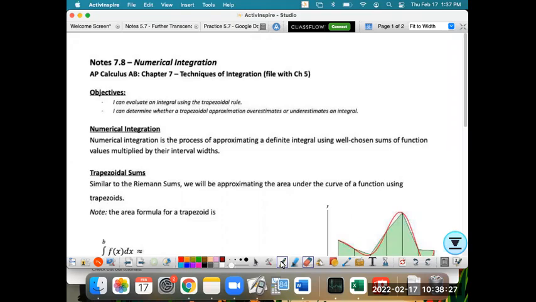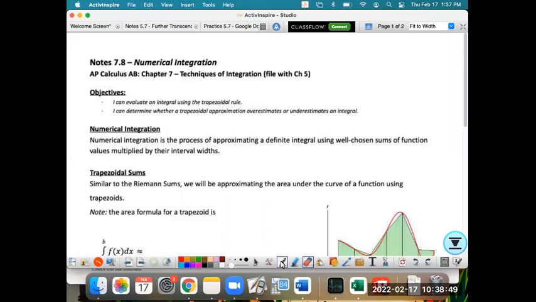I will read what I have written here, and then we'll get into how the formula works. So I have numerical integration is the process of approximating a definite integral using well-chosen sums of functions multiplied by their integral widths. So technically, a Riemann sum is numerical integration, right?